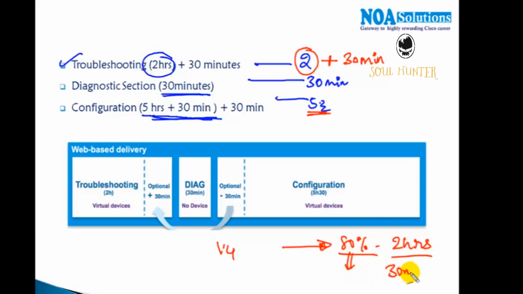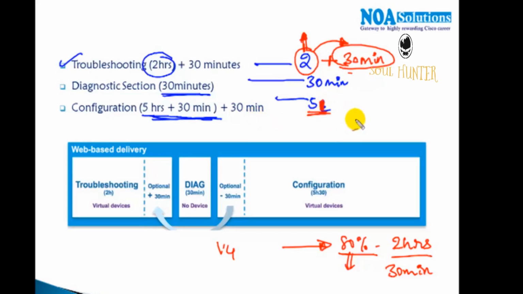You can use some extra 30 minutes, which means in the troubleshooting section you have a minimum of 2 hours that you can utilize, and additionally you can use 30 minutes extra, but that 30 minutes will be deducted from your configuration section.